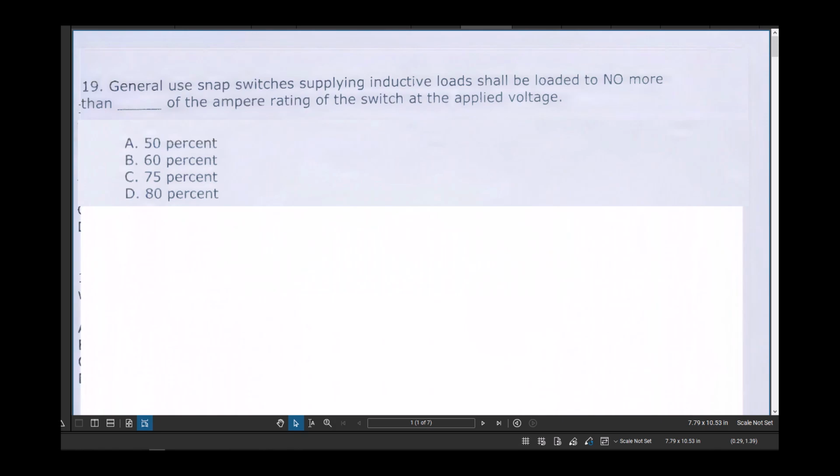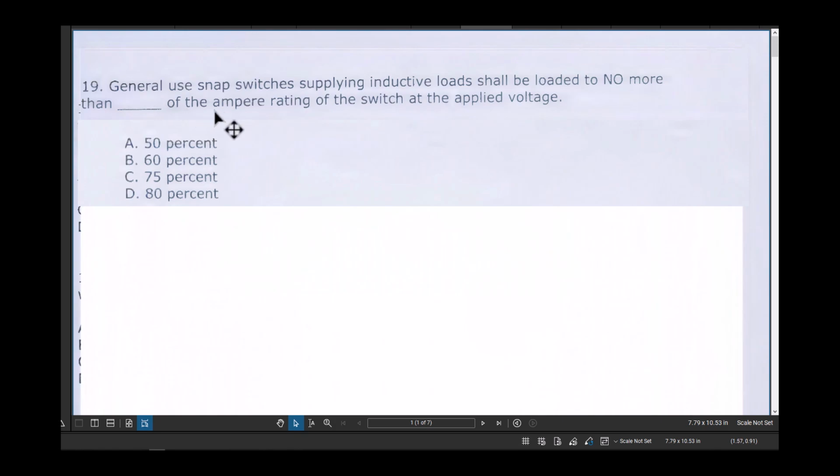Question 19. General use snap switches supplying inductive loads shall be loaded to no more than A, 50%, B, 60%, C, 75%, D, 80% of the amp rating of the switch at the applied voltage.